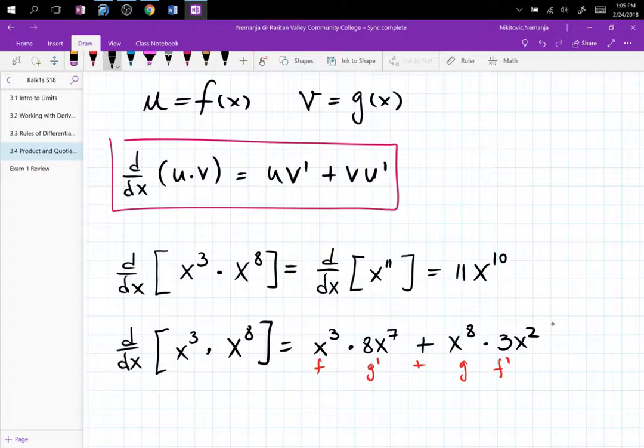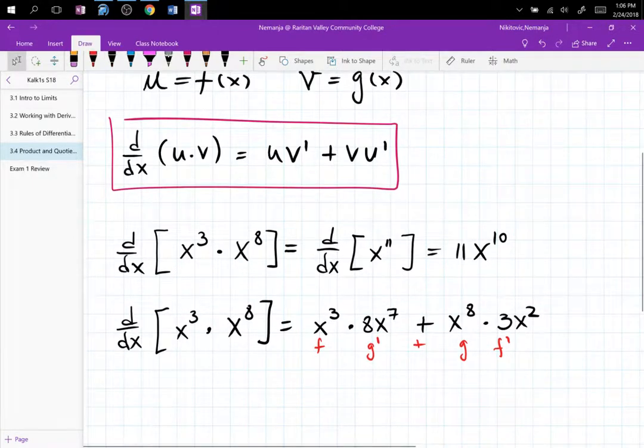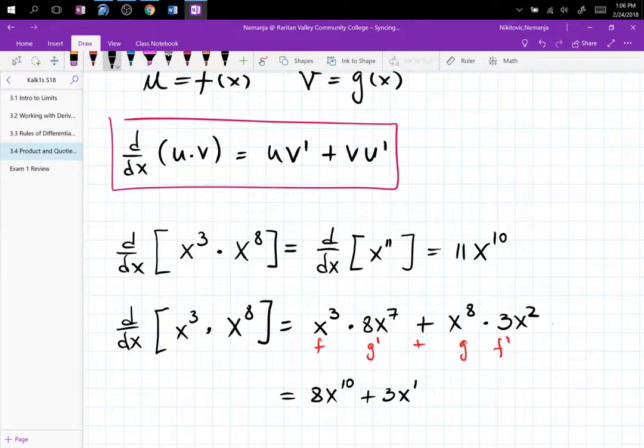You see clearly that I just applied the formula. Now you do the algebra over here, so it's 8x to the 10 plus 3x to the 10, together 11x to the 10, and we know it's 11x to the 10 because we used algebra earlier to solve the same problem. So in this case, as you can see, using algebra or using the product rule gets us to the same answer.